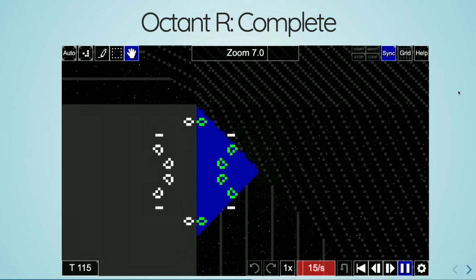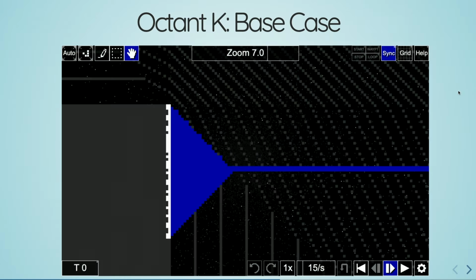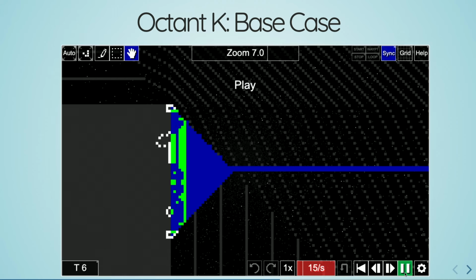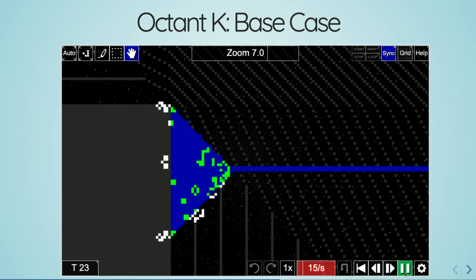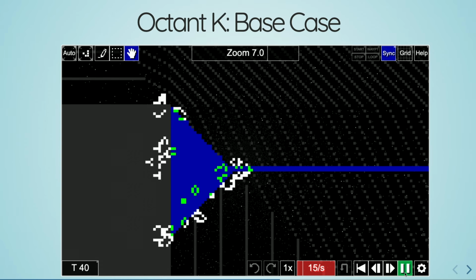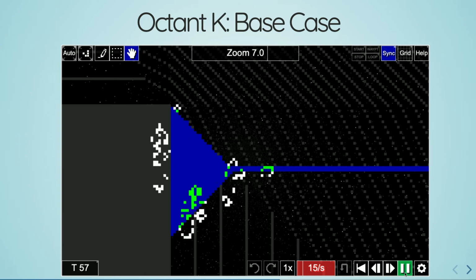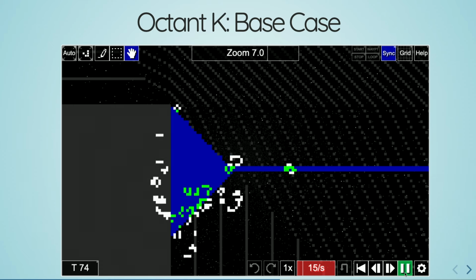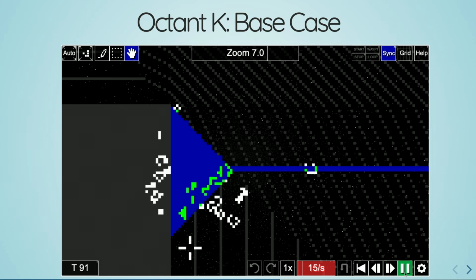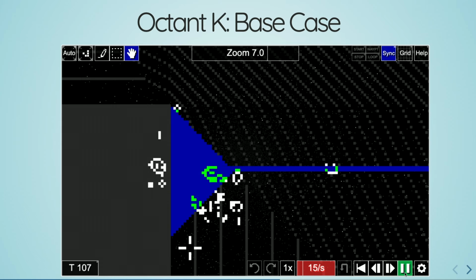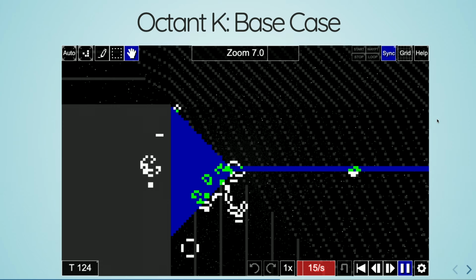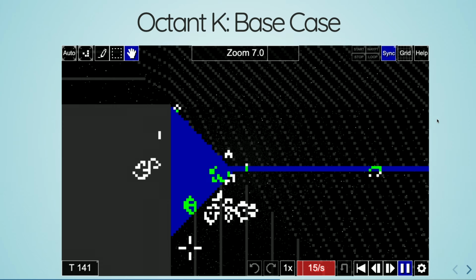For region K, we can take that same pattern and add some cells to the left of it. These cells make it so that when the pattern gets to the apex of the triangle, it generates a spaceship that then moves along to the right, creating these cells in the K region with the earliest birth times. That takes care of part of the K region, but this is only one line.